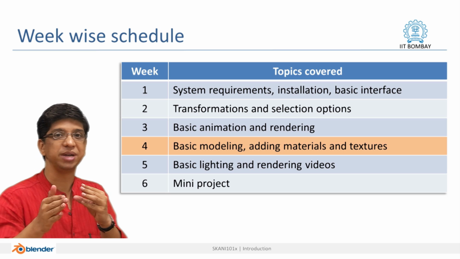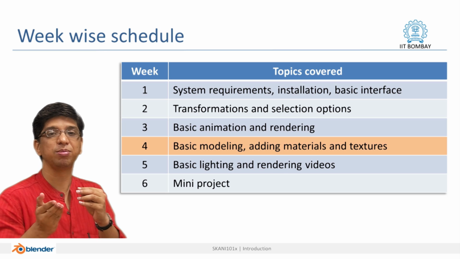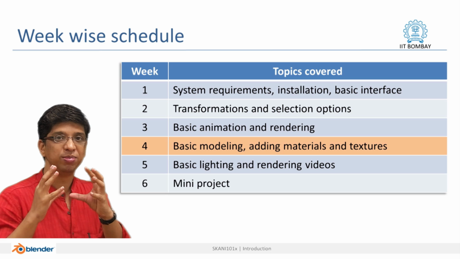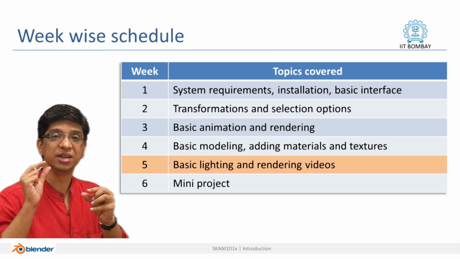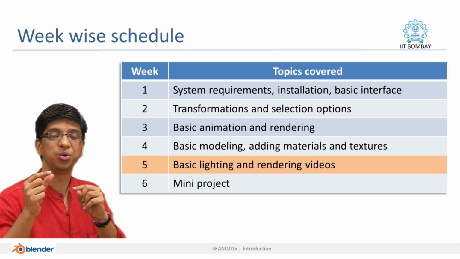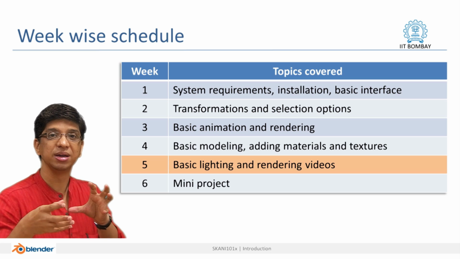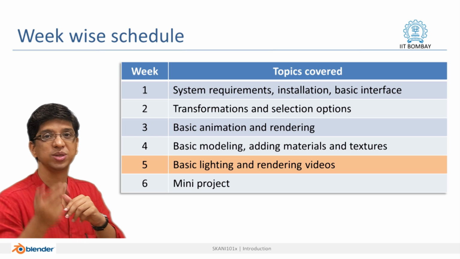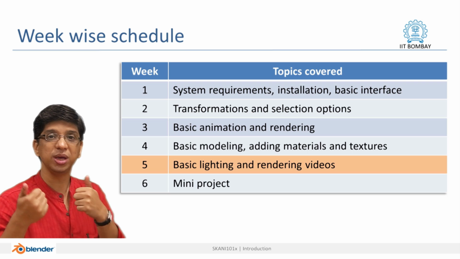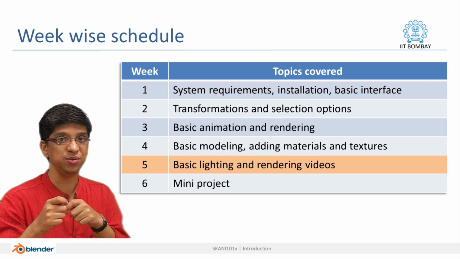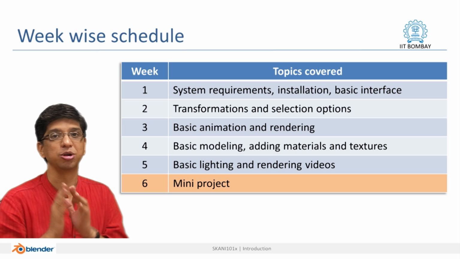You can also apply some textures, you can apply some materials on top of it, and then it will look more realistic. We will add some lights in week number 5 and show how it looks more realistic because of the added light and the shadows which are created automatically, and then various options of rendering those videos. Once we are up to that point, we enter the 6th week, which is dedicated to a mini project.